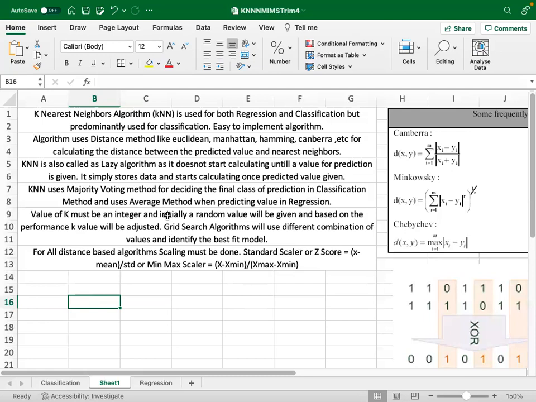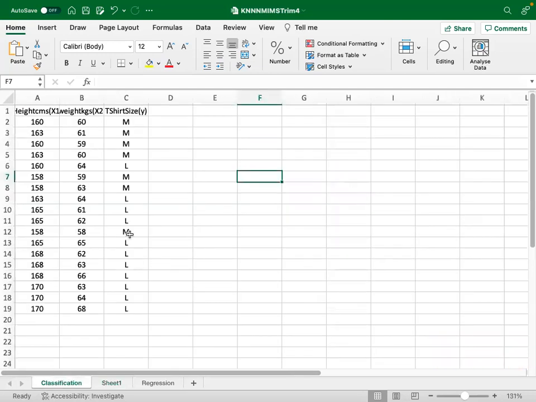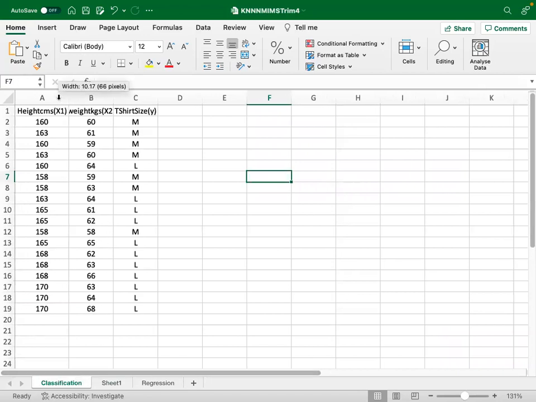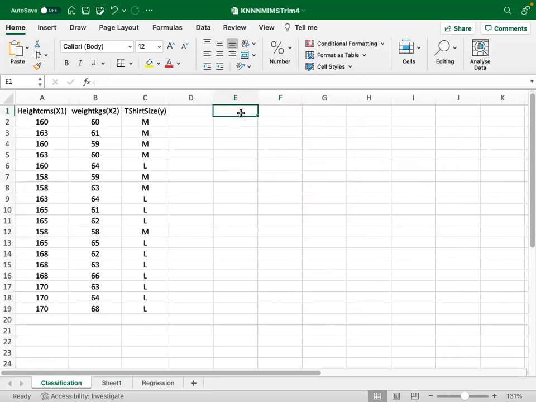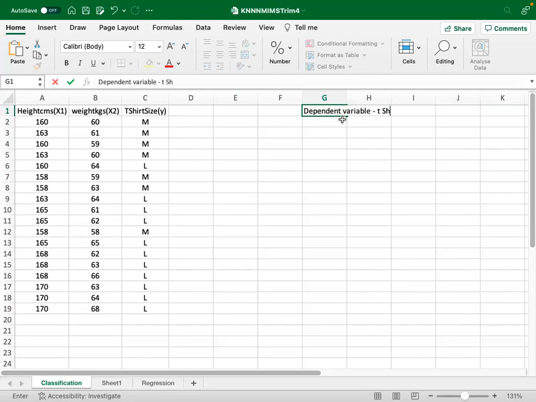Okay, now let us start the calculation. We have a classification sheet here. If you go to the classification sheet, the data sheet, and look at the data, we have two independent variables, x1 and x2, and one dependent variable, y. The variable being predicted is t-shirt size.